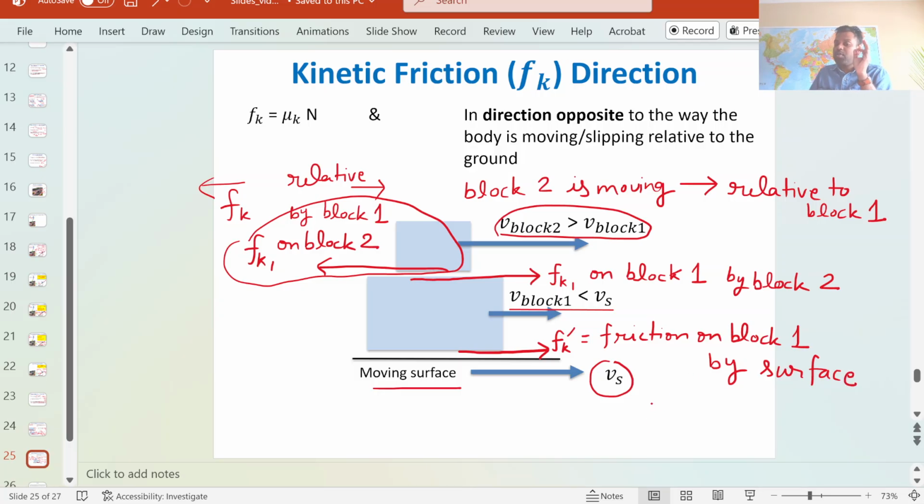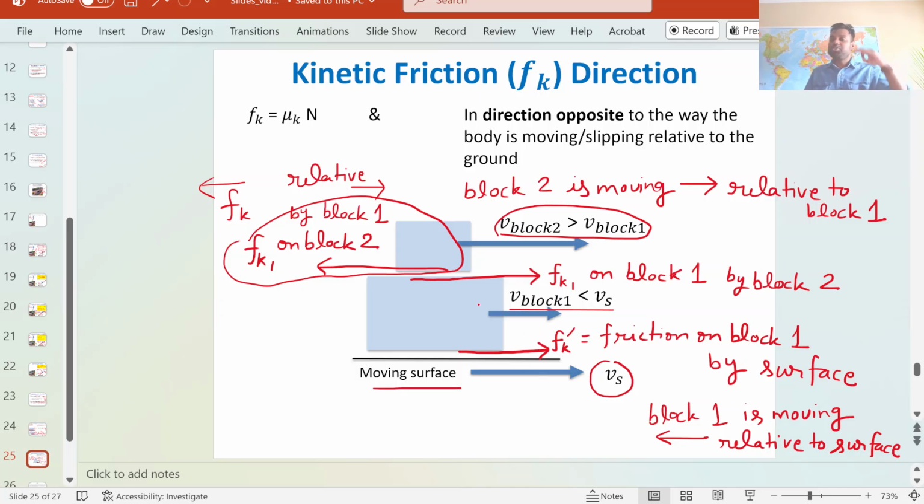Because block 1 is moving leftward relative to the surface. It is important to understand that block 1 in the absolute frame is moving to the right, but because its speed is less than the surface, the relative motion is to the left, and the surface will apply a friction to the right.